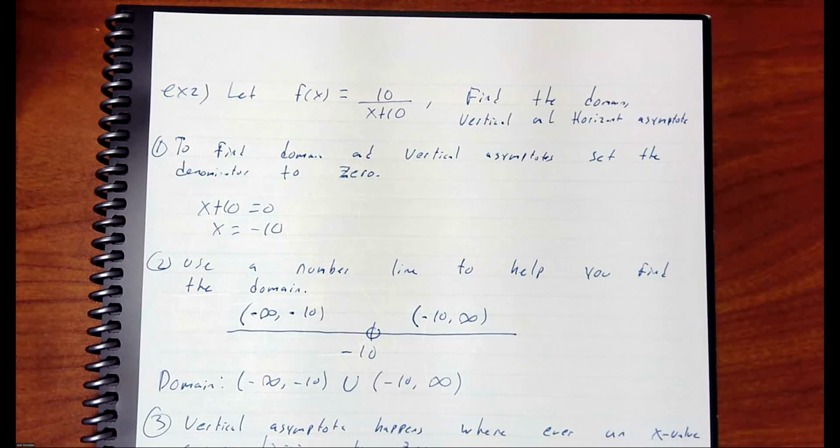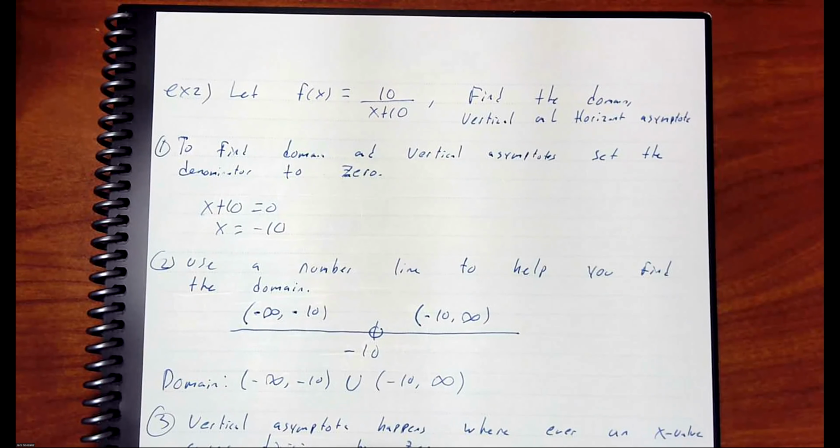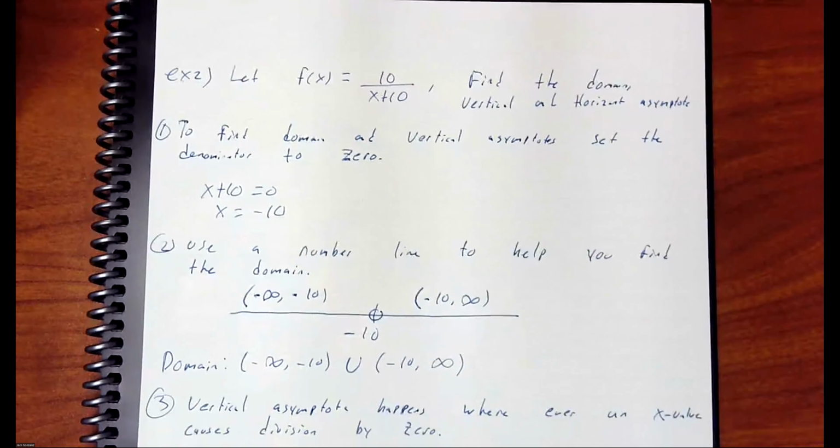So which number causes division by 0? Yeah, so the answer, vertical asymptote. So I'm gonna put VA is X equal to -10, the equation, not the number.